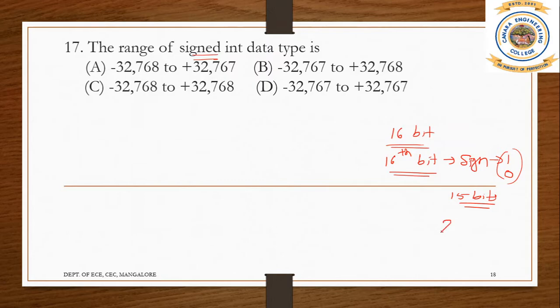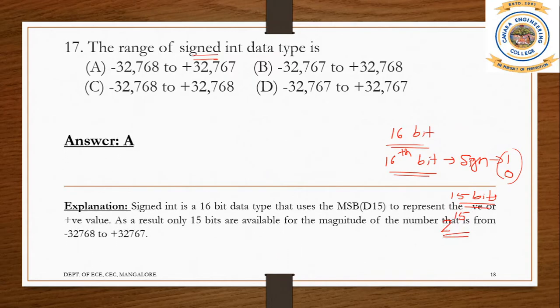So total, how many values are possible? 2 power 15. So how much is 2 power 15? 2 power 15 is 32,768. Correct? But you have both positive numbers and negative numbers. So total 65,500 is the value.